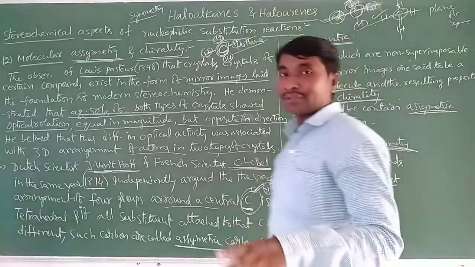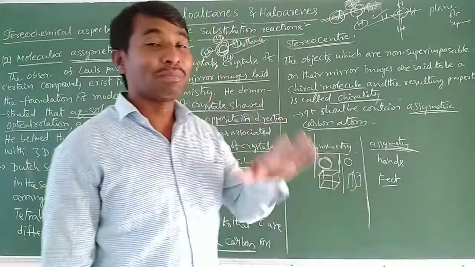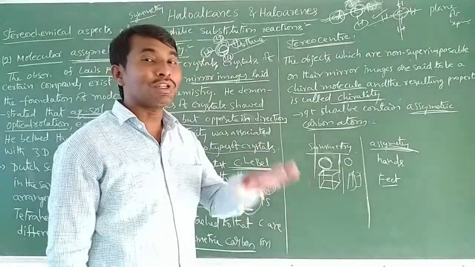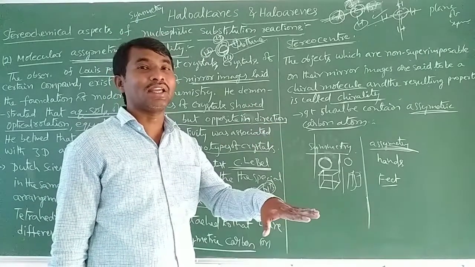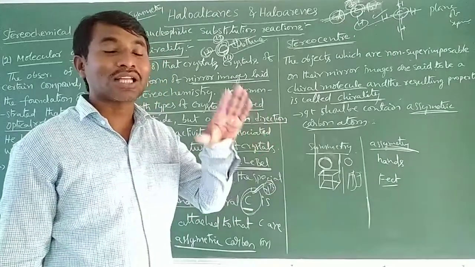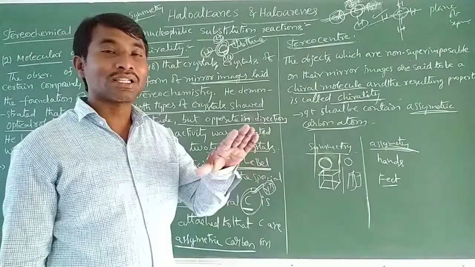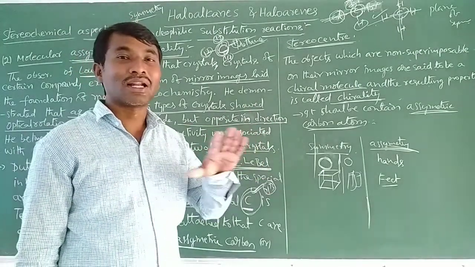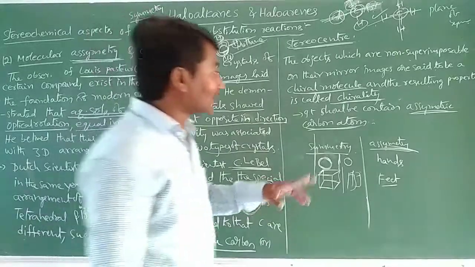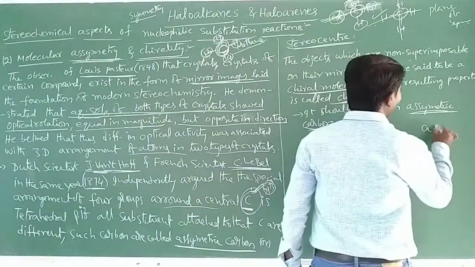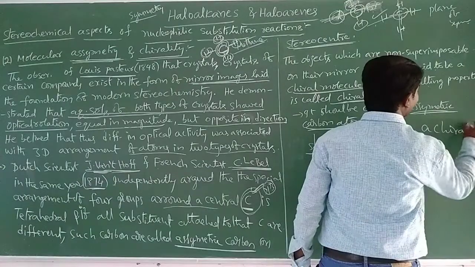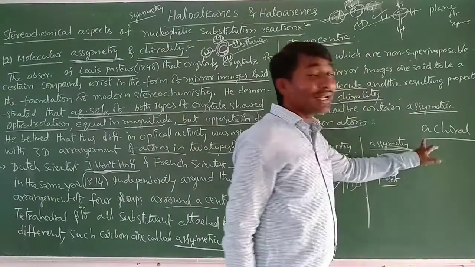So when there is a plane of symmetry, the compounds which follow a plane of symmetry do not show chirality, so that carbon is called an achiral carbon. Achiral carbon means what?